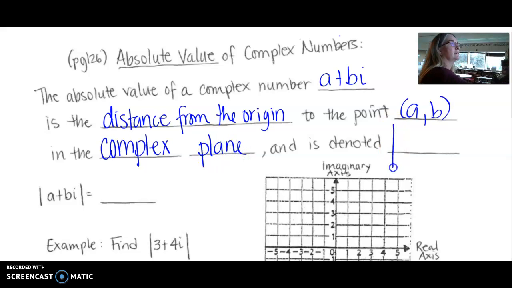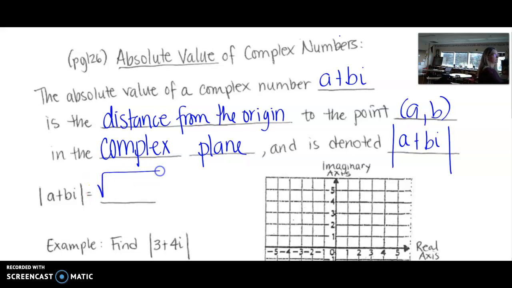It's denoted with regular absolute value symbol bars, the absolute value of a plus bi, and it's equal to the square root of a squared plus b squared.